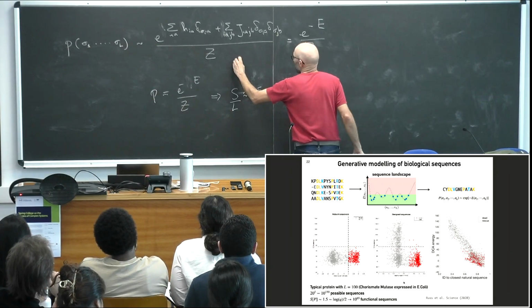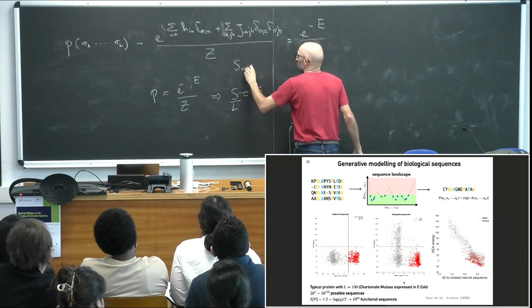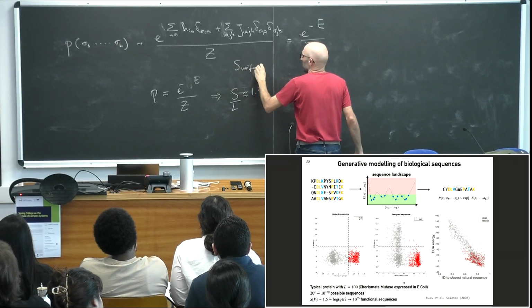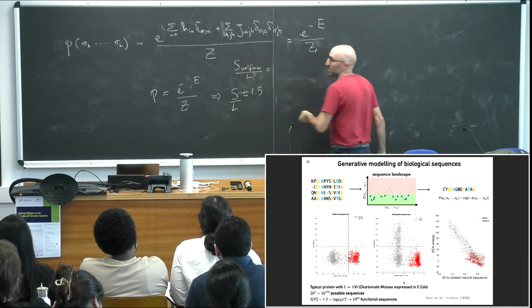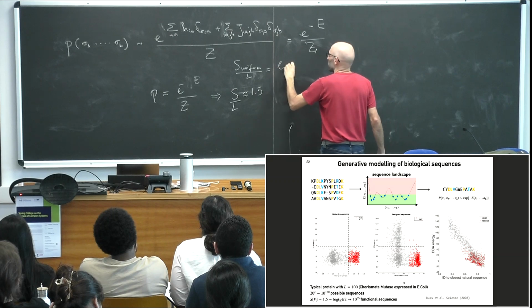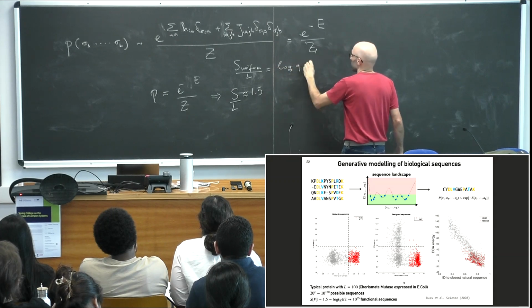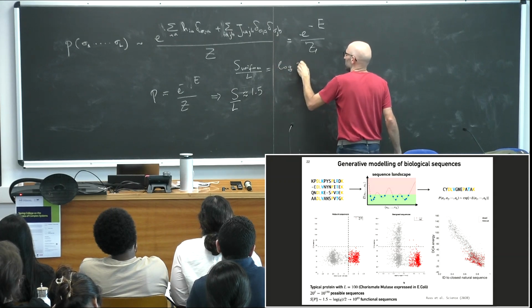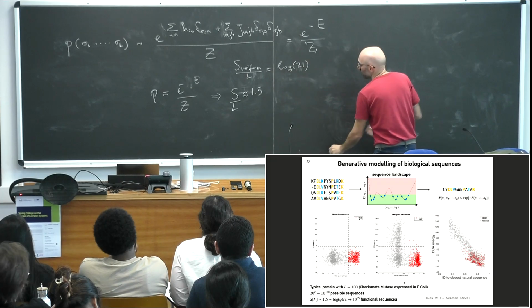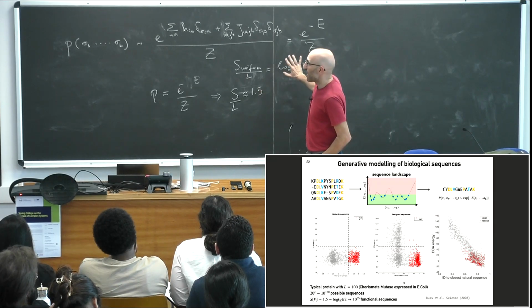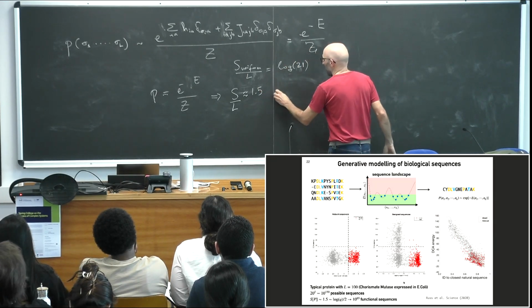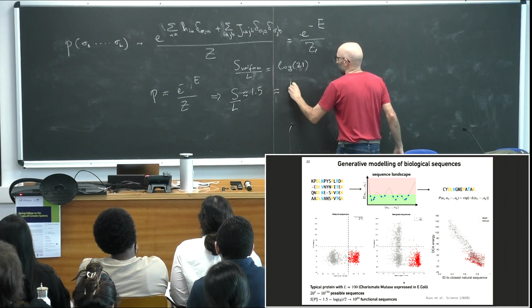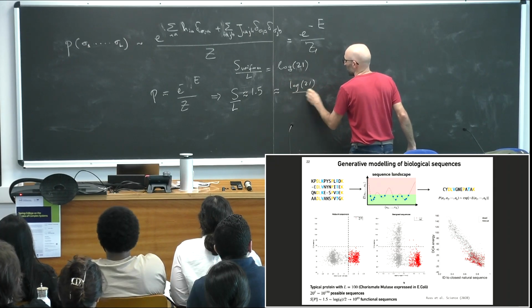Now, the uniform distribution has an entropy equal to the logarithm of Q, which is 21. And 1.5 is about half that, about logarithm of 21 over 2.